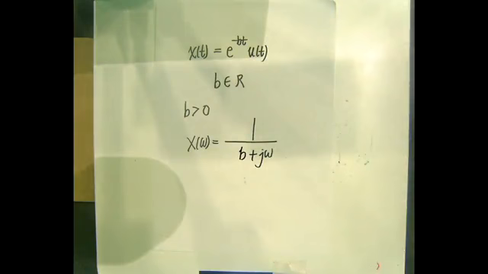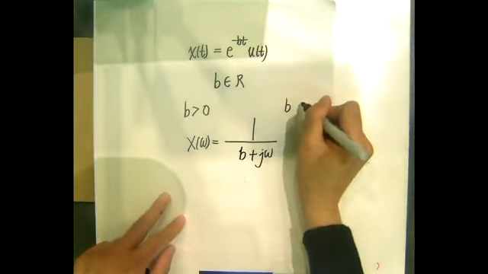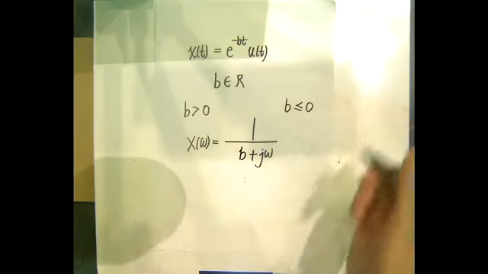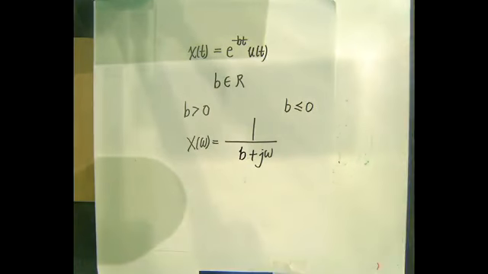But if beta is smaller than or equal to 0, there's no Fourier transform, and for the generalized Fourier transform, I don't know, I have to check. Okay. And how about this system? Now, for any beta belonging to R, it can be positive, can be negative, can be 0.